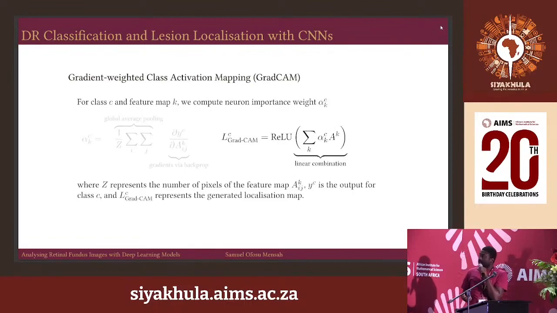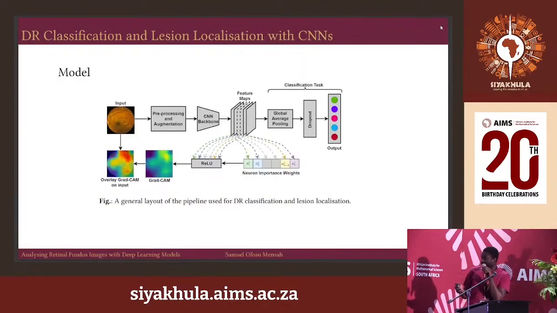After applying the ReLU, we overlay the obtained map on top of the image. I will just show you in the next image. We have here the image passing through a CNN backbone. We obtain the feature maps here. This feature map is used for classification, as we see over here. Then this feature map is also used to obtain the neuron importance weights.